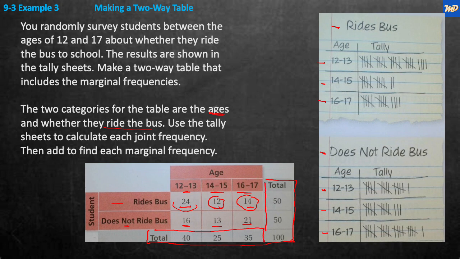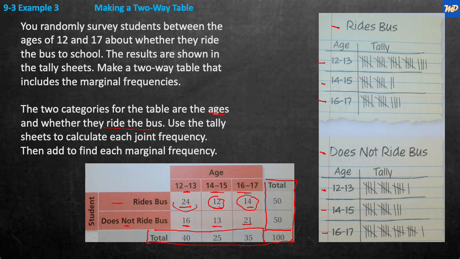And now we have that. Okay, so what do we come up with? To find the marginal frequencies, going through the columns. 12 to 13-year-olds, there were 24 and 16. You add them, and that means that there are 40 students aged 12 to 13 that, whether they ride the bus or not, are being surveyed. 14 to 15-year-olds, there were 12 and 13, makes 25 students.